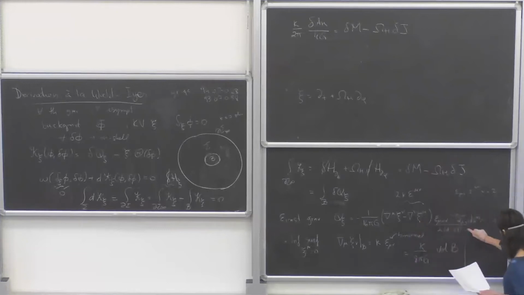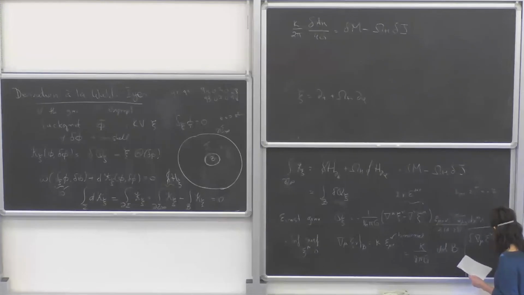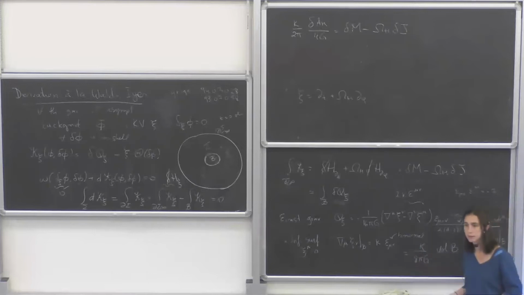So the way that you can show that is by looking at the, so basically you can show the delta of d mu xi nu is 0 on B. So part of this, so the variation of the killing vector is 0 because you're not changing the killing vector as you're sending in stuff.